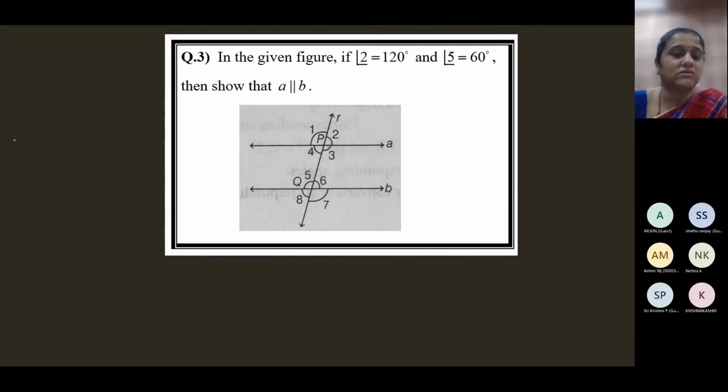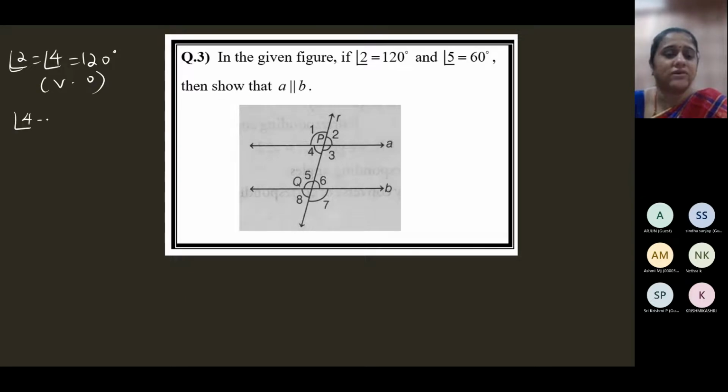Let me work that now. You see here? Angle 2 is equal to angle 4 is equal to 120 degrees because vertically opposite angles are equal. Now angle 4 plus angle 5, you should not write is equal to 180. What is the measure of angle 4? 120 degrees.